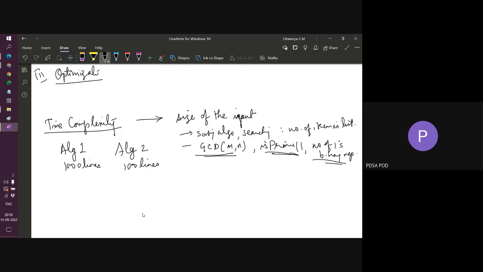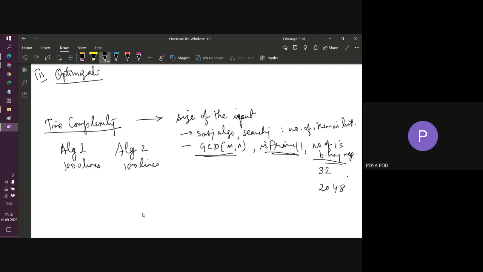Because in the case of sorting a list, searching a list, etc., the number of elements in the list is what matters. In the case of finding the GCD, is prime, number of ones, etc., what matters is the value. If you want to find the number of ones in the binary representation of 32, and of, say, 2048, these are totally different.